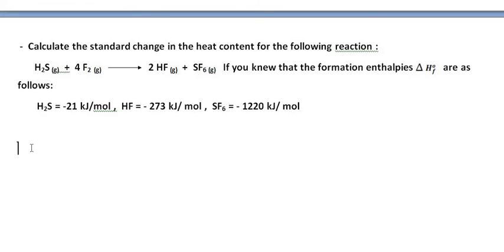You can answer in this way: delta H equals sigma H of formation for the products minus sigma H of formation of the reactants.